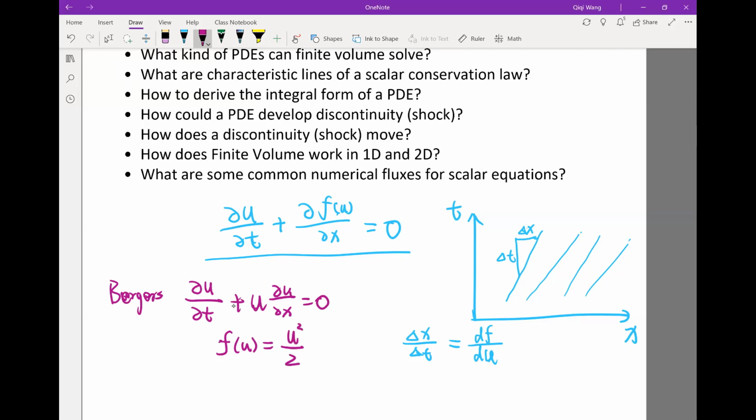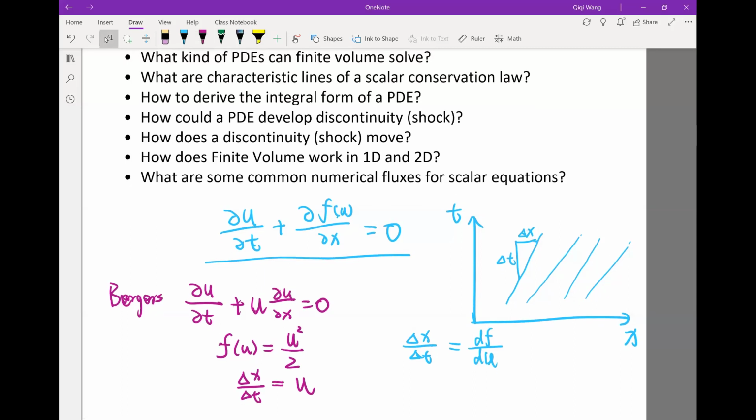By applying the chain rule, you differentiate u squared over 2, it becomes u times du, right? So delta x over delta t, the reciprocal of the slope of these characteristic lines, is just u. So u positive, you have slope towards the right, u negative, you have slope towards the left.